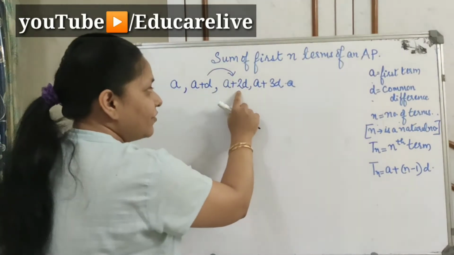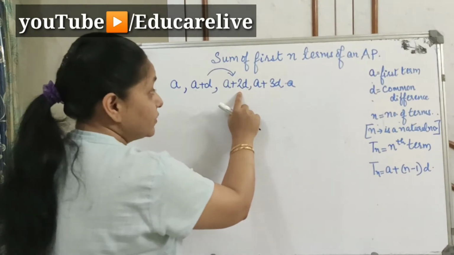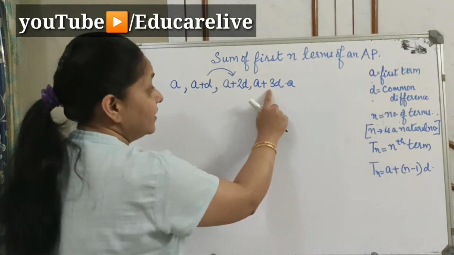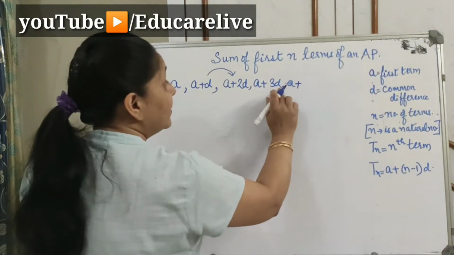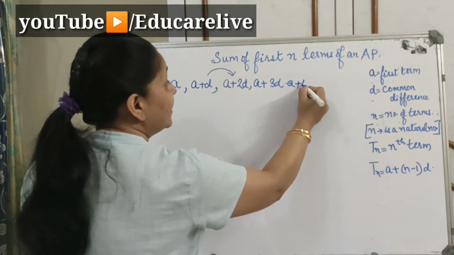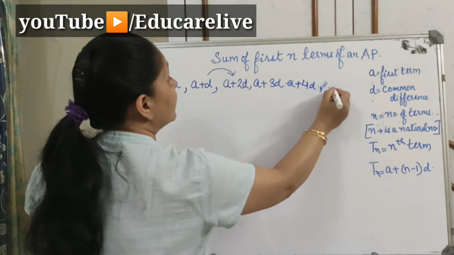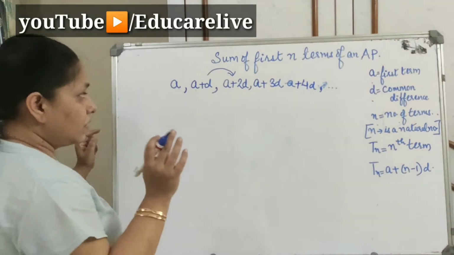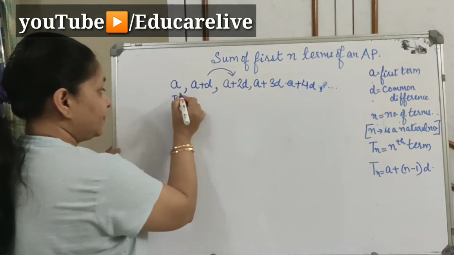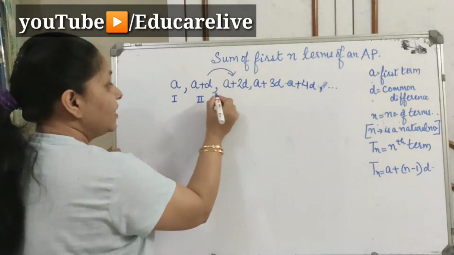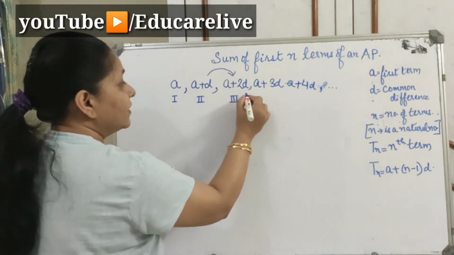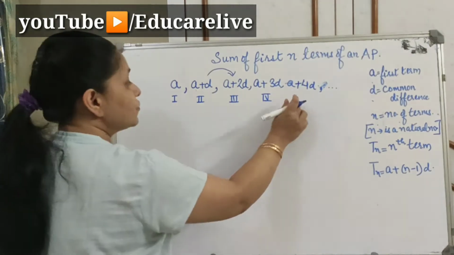To this term again we are going to add D, that is a fixed quantity, and we'll get A plus 3D. And again we'll add D to this term. So we'll get A plus 4D and so on. If you look closely, this is the first term, this is the second term, this is the third term, and this is the fourth term, and so on.